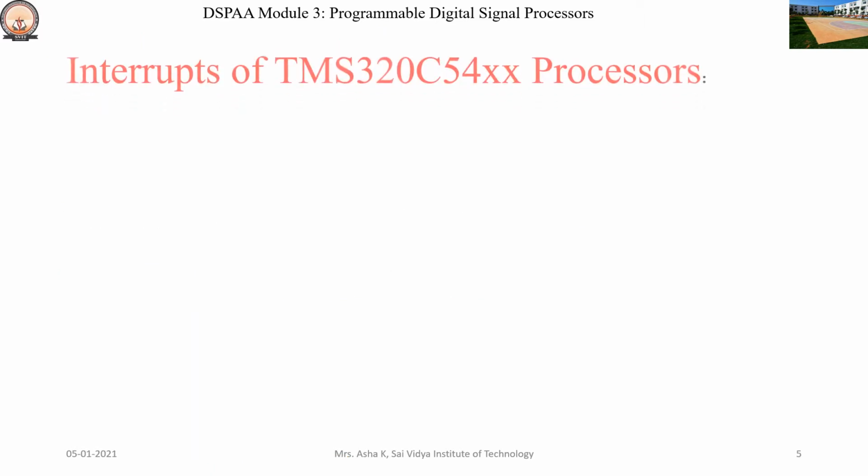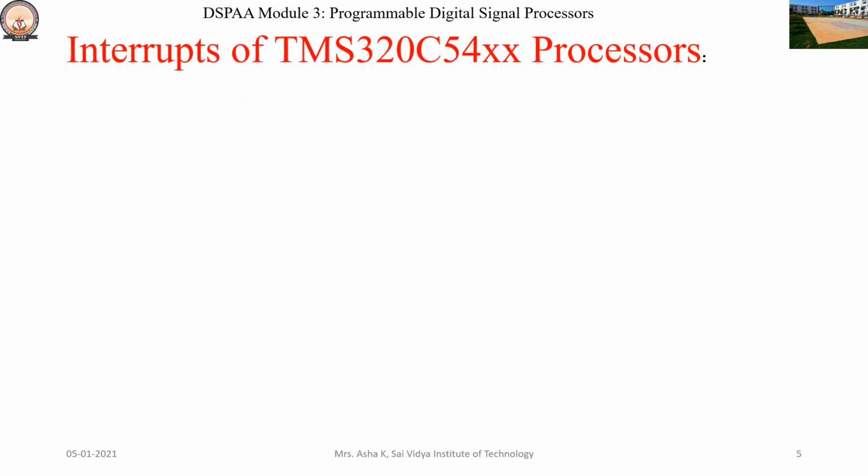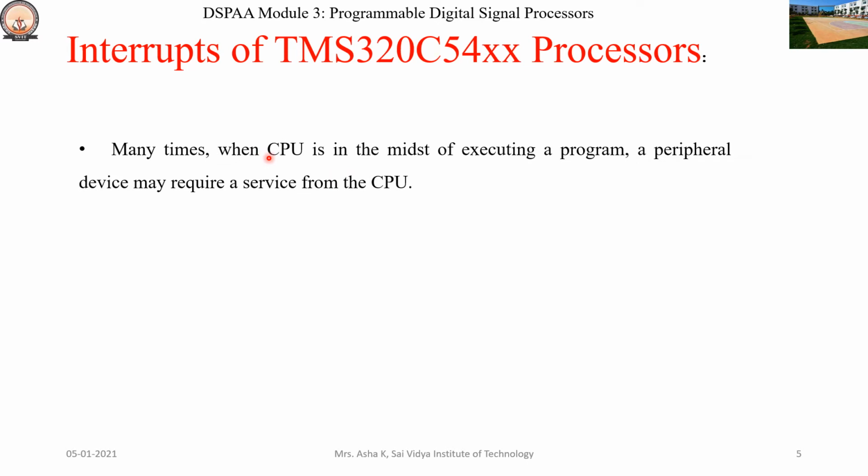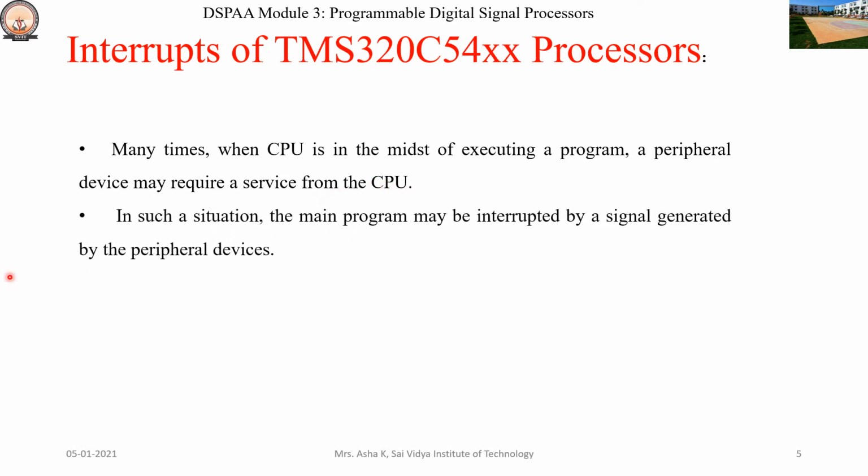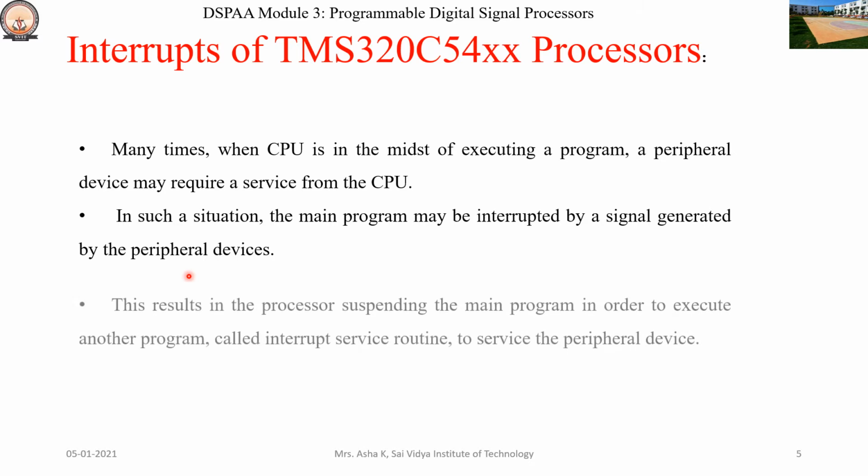Now let us discuss the interrupts of the TMS320C54XX processor. Many a time, when the CPU is in the midst of executing a program, a peripheral device may require a service from the central processing unit. In such a situation, what happens? The main program may be interrupted by a signal generated by the peripheral device.